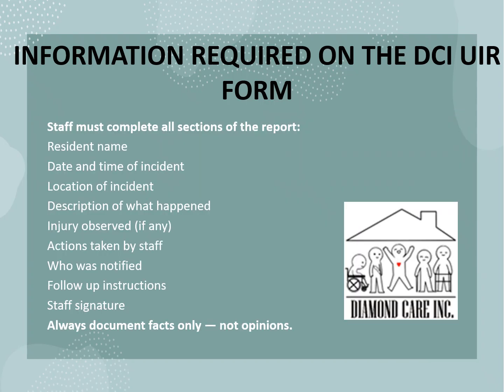So, information that is required on the DCI UIR form. Staff must complete all sections of the report, okay? You're only going to check the boxes if they pertain, but you're going to review each section to make sure that you get as much information on here. So resident's name. We need first and last name. I know we're used to doing initials, but here's the thing.